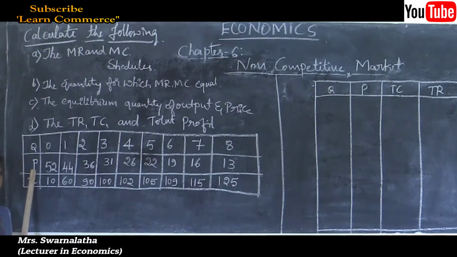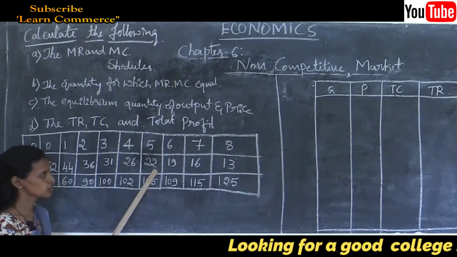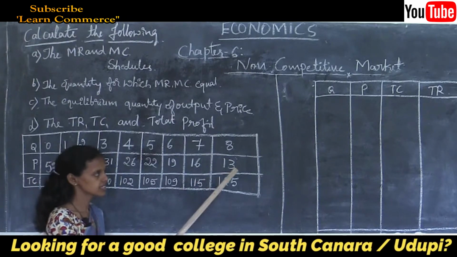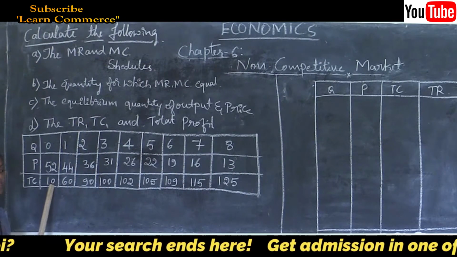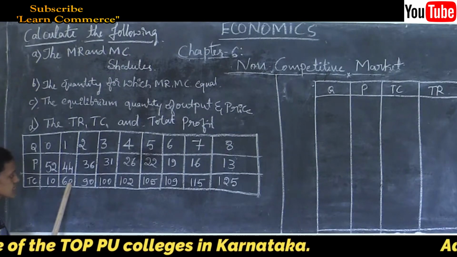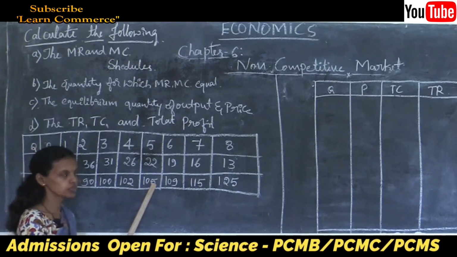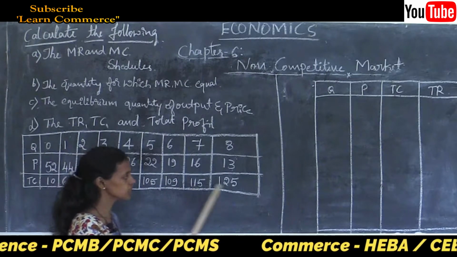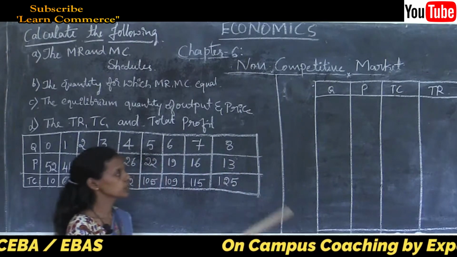Prices of the commodity are given as 52, 44, 36, 31, 26, 22, 19, 16, 13 respectively. Total cost of the firm, the cost incurred on the production, is 10, 60, 90, 100, 102, 105, 109, 115, 125. Now we are going to calculate.